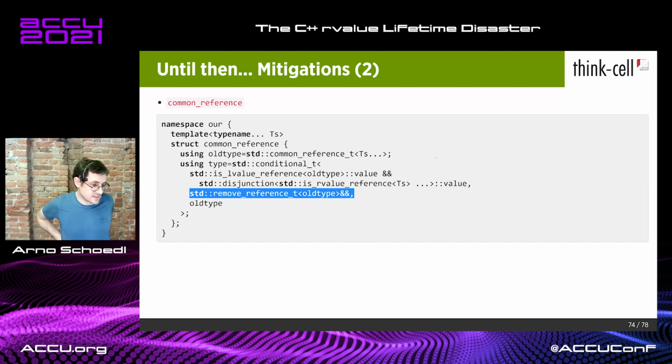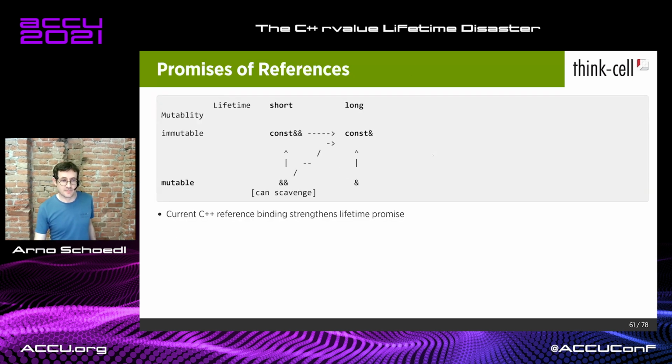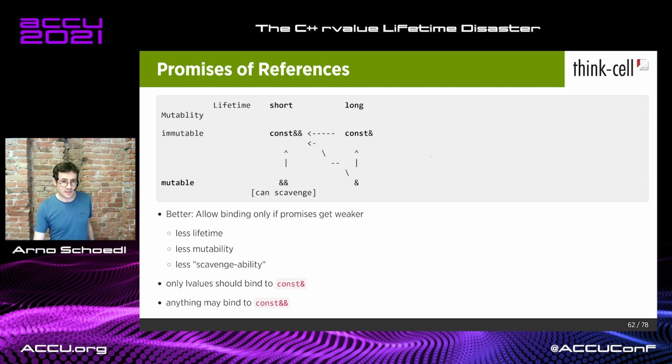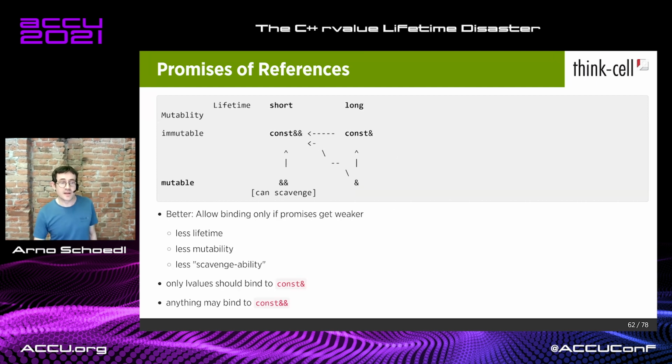One of the questions here is, and let me go back to the diagram to answer this question. These are the existing binding rules, and these are the binding rules that I propose. One important thing here is there is no arrow from lvalue reference to rvalue reference without const.